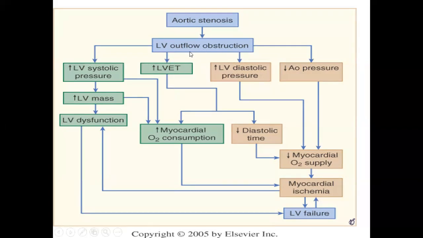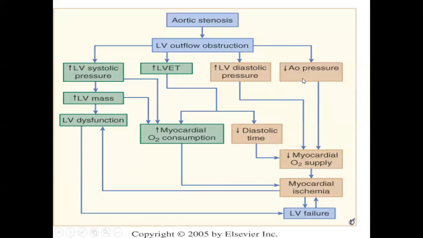Whenever there is obstruction of the flow, the ventricle definitely takes more time for ejection, so there will be an increase in the left ventricular ejection time, and there will be an increase in the LV diastolic pressure.